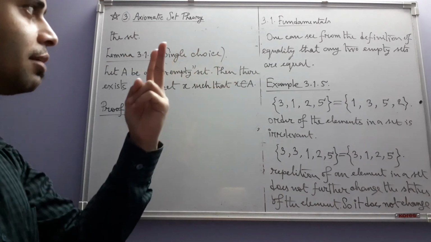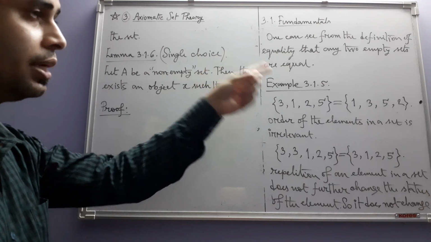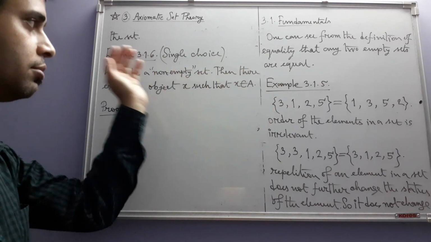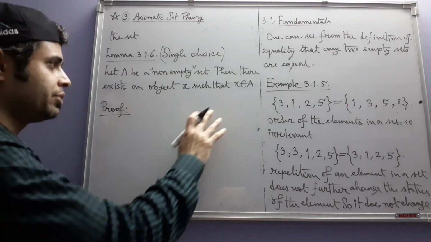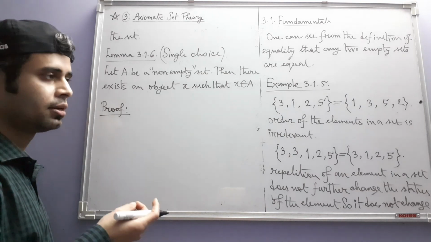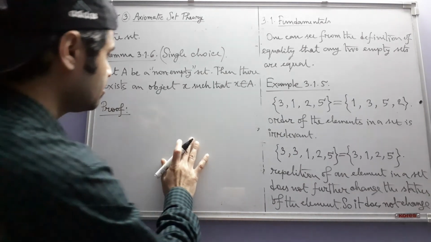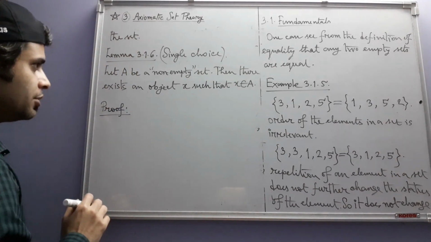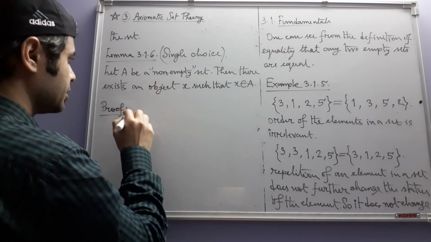So far we have only two axioms and one definition of equality, and based on those things only we have to prove this. You cannot say this is obvious to me, so that's why it's true. Many things in mathematics seem obvious, but often they turn out to be not true. So to prove this, we approach by contradiction. Then there exists an object.